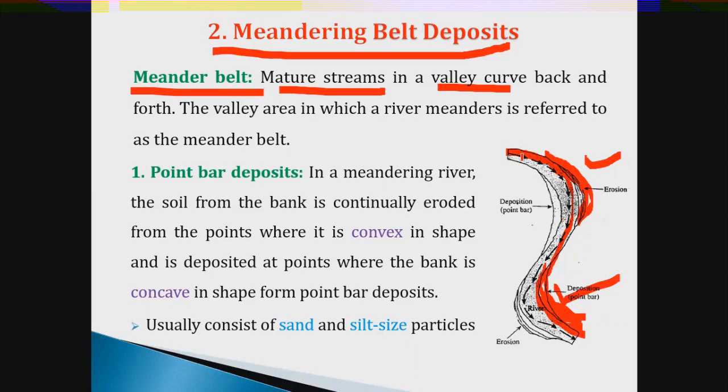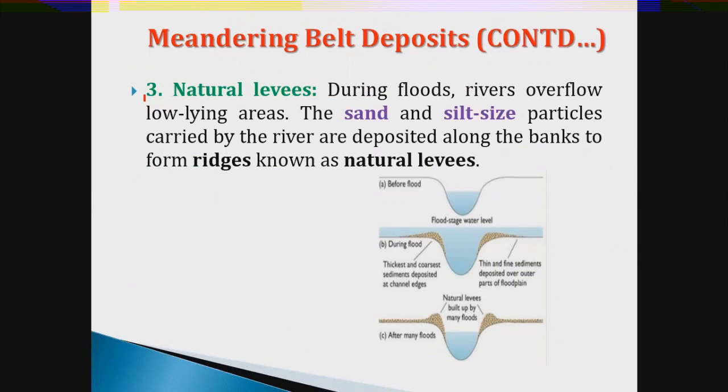The water currents will erode the material from the convex portion of the banks, and will try to deposit it at the concave portion. The material eroded from the convex portions and deposited at the concave portions is called the conveyor deposits, and they are usually sand and silt size particles. Now natural levees.